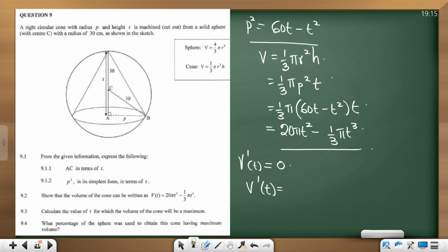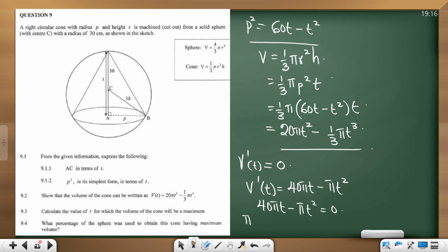What are we going to have? We derive t. 2 times 20, 40 pi t, minus 3 times 1 over 3 would give us what? 1 pi t squared. And all of this, 40 pi t minus pi t squared should be equal to what? 0.